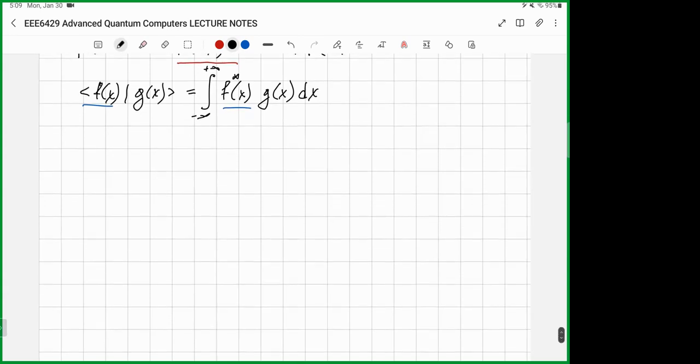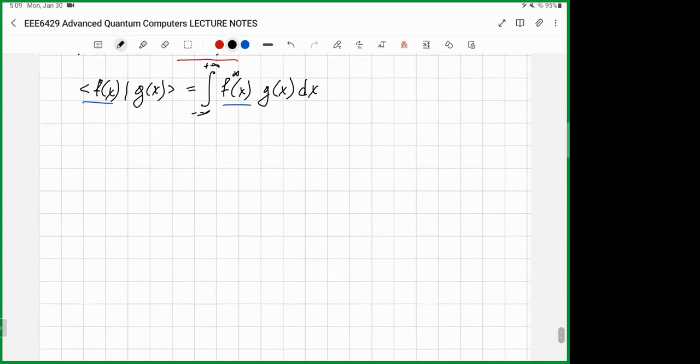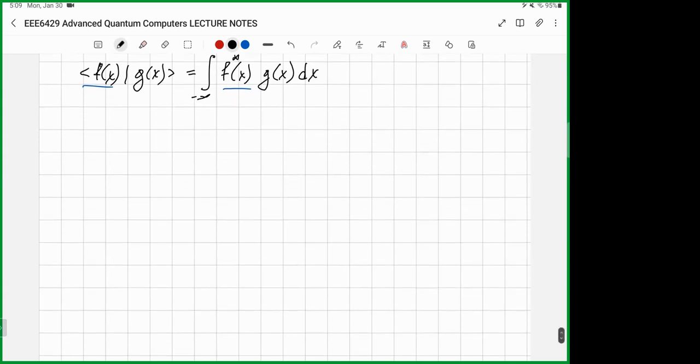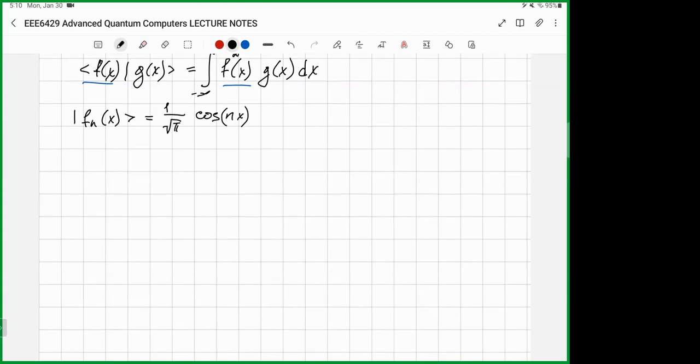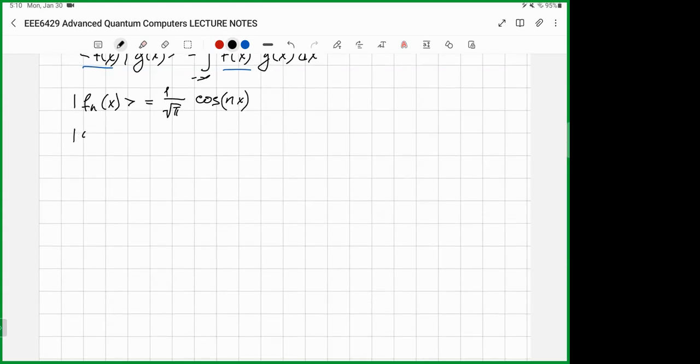And I guess the best way to grasp why we need this function space is the following example. Let's consider a set of functions f_n of x equal to 1 over square root of pi cosine nx, and another function g_n of x equal to 1 over square root of pi sine of nx.